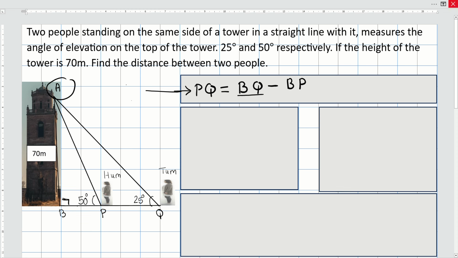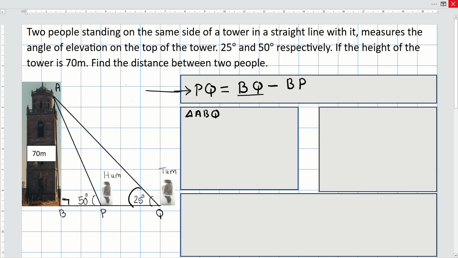That is ABP. Fine. So here first we will find BQ. BQ is part of triangle ABQ.